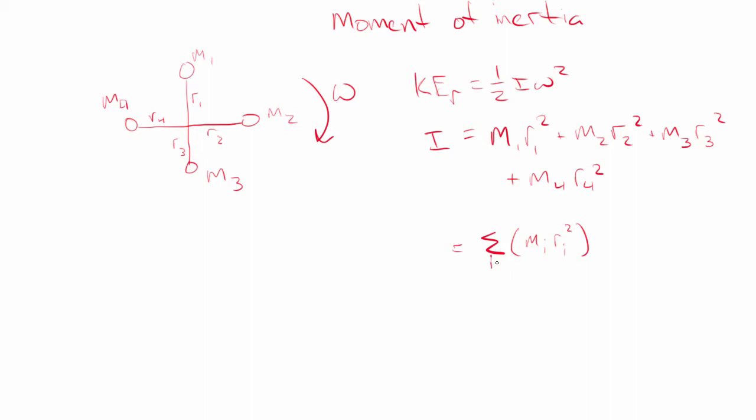Where i goes, in this problem, goes from 1 to 4. So that's how we calculate the moment of inertia. If you have discrete objects like this, you just add up the individual moments of inertia, and you get the total. And then you can plug that into your equation for the kinetic energy, multiply 1/2 times omega squared, and you get the kinetic energy.